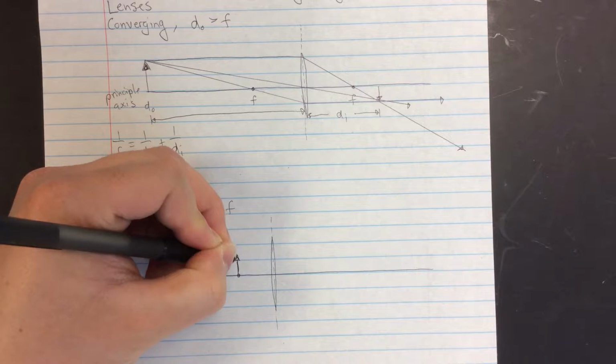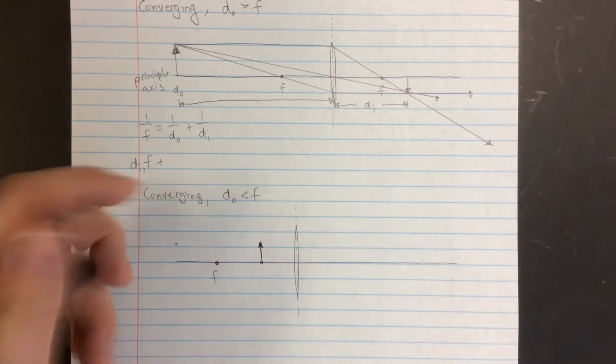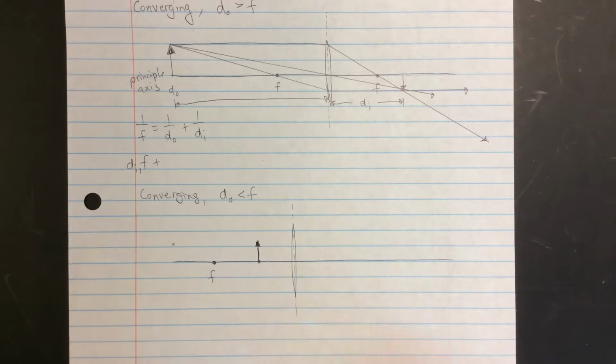Wait, so the one we did beforehand was diverging? This is converging. They're both converging lenses. It's the same thing, but now I'm going to put my object inside, between the focal length and the lens.